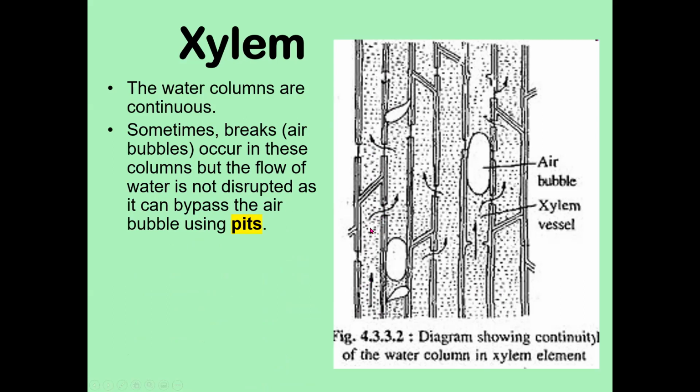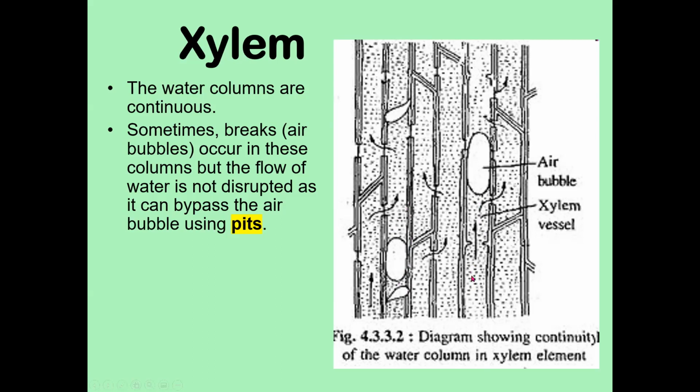So as the water is used up at the top for photosynthesis and other general metabolic reasons, and also it loses water through the stomata into the atmosphere, there's a continuous movement of water. And sometimes, especially as the tubes are very narrow, you get the water separating and you get an air bubble.